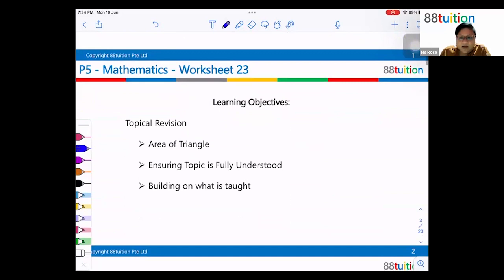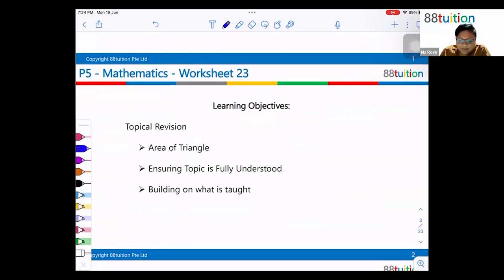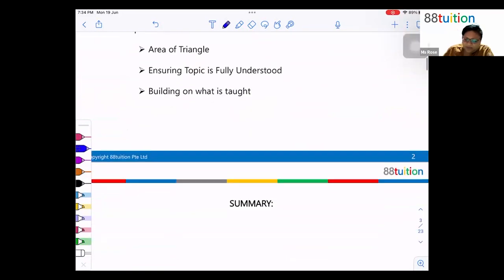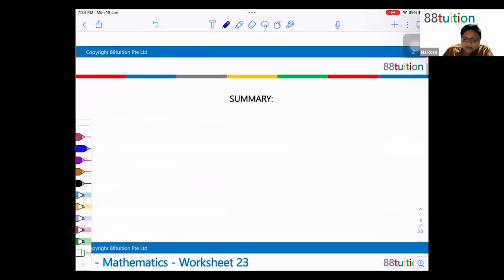So what this lesson is all about will be about the area of triangle. Okay, so very quickly, to find the area of a triangle, what is the formula? What is the formula to find area of triangle? Anyone? Yes, Jinlong? Okay. So fastest one. Oh, Jinlong cannot.